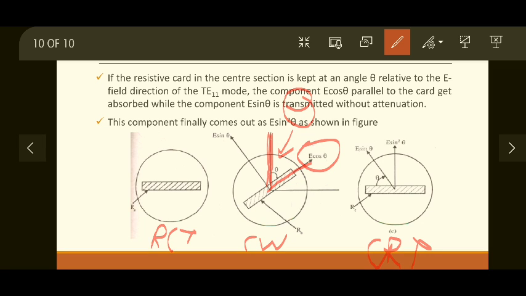This is the actual location of the card. E cos theta will be parallel to the card, and E sin theta will be perpendicular to the original location of the card.